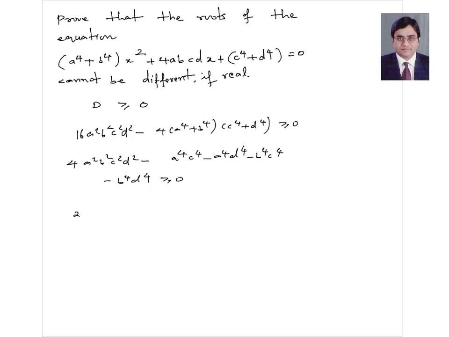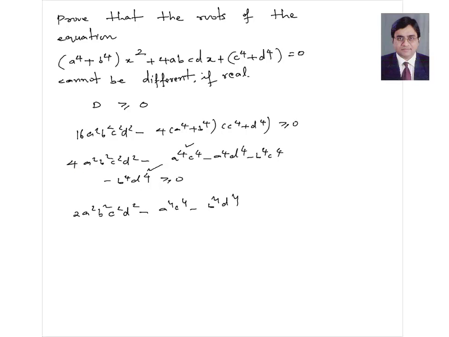So you have twice a squared b squared c squared d squared minus a^4 c^4 minus, I would prefer, b^4 d^4. Grouping was also in fact important. This group with this b^4 d^4.